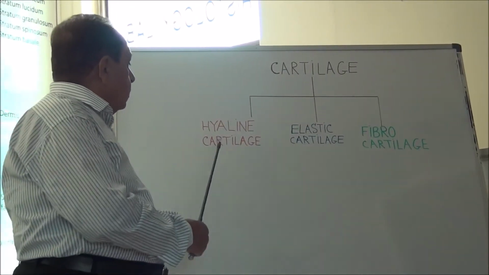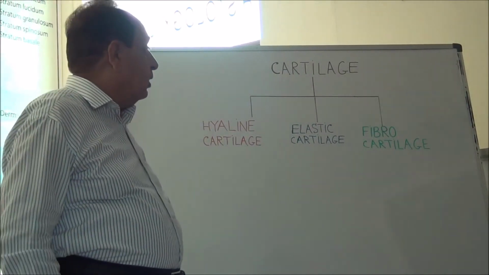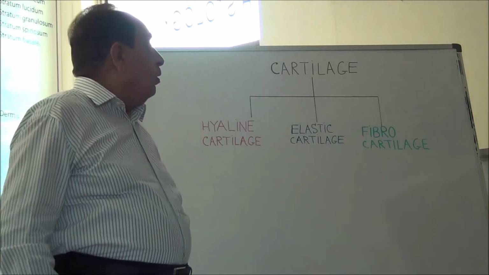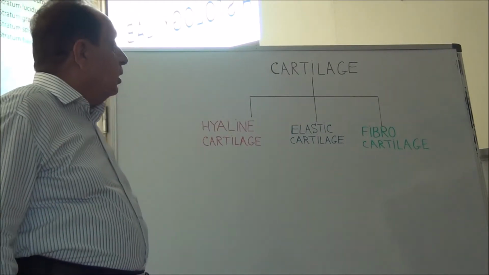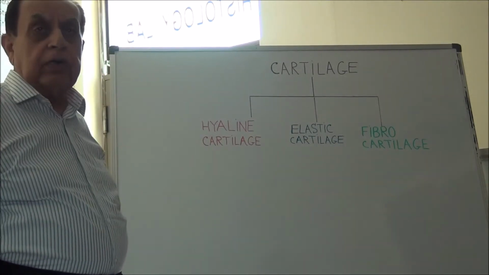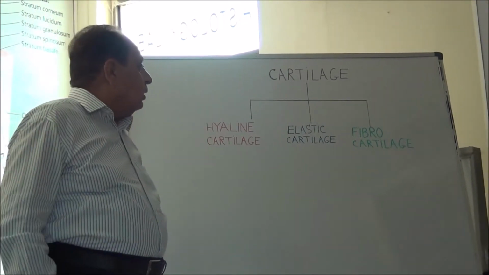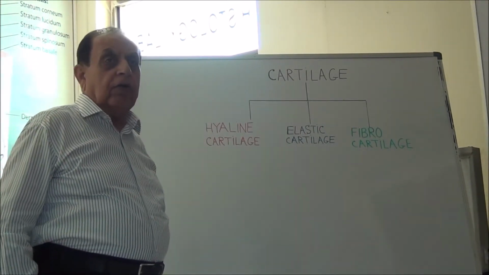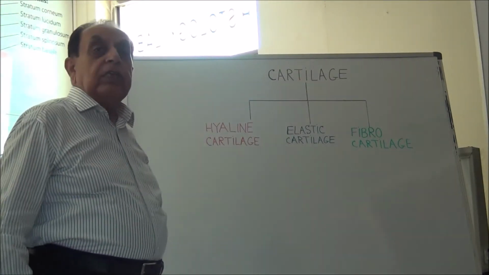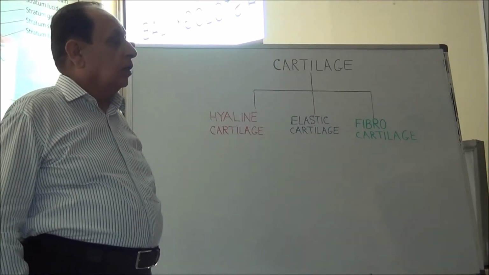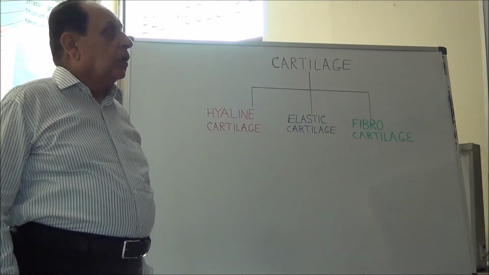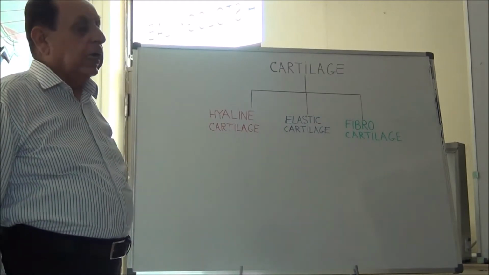Now, first of all, the hyaline cartilage. This type of cartilage forms the costal cartilages of the ribs, the septal cartilage of the nasal septum, and the cartilages of the larynx, except the cuneiform cartilage, corniculate cartilage and epiglottis.